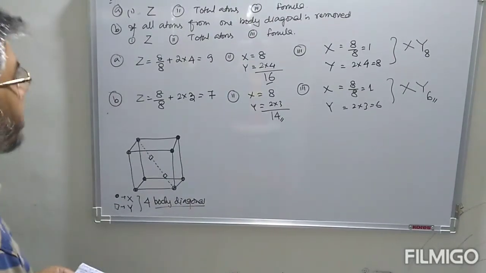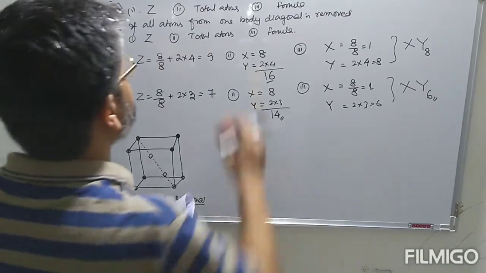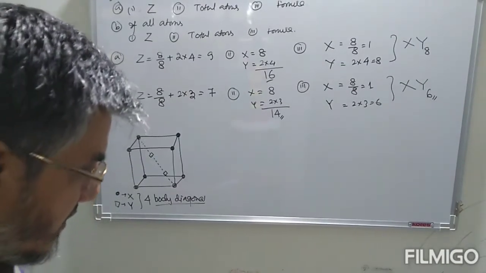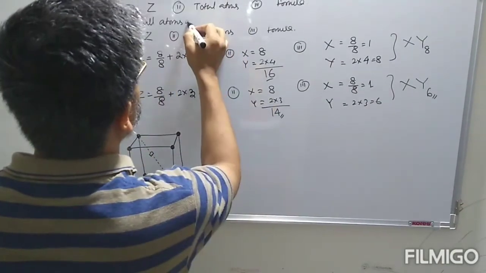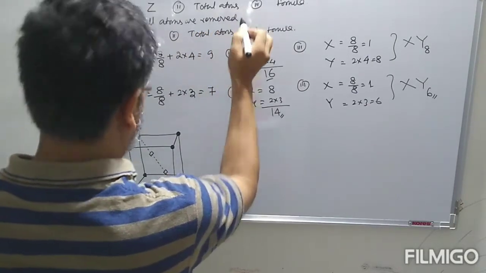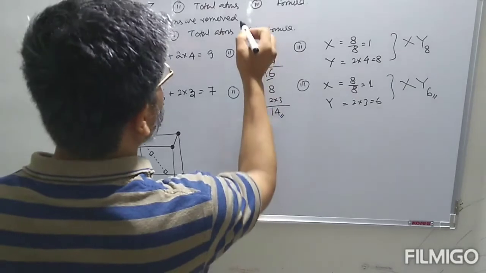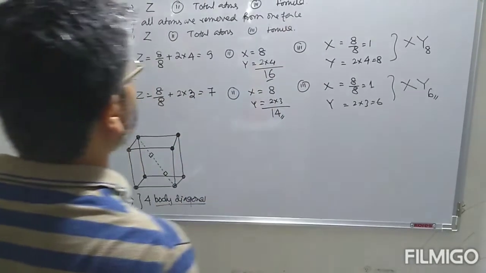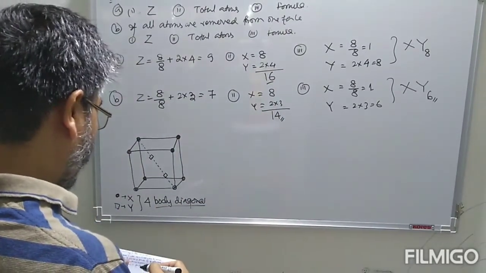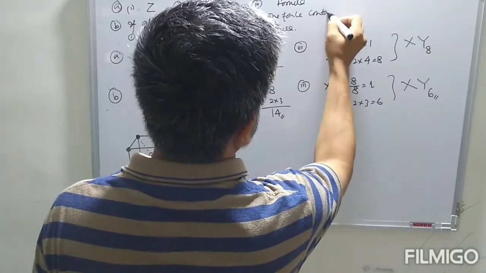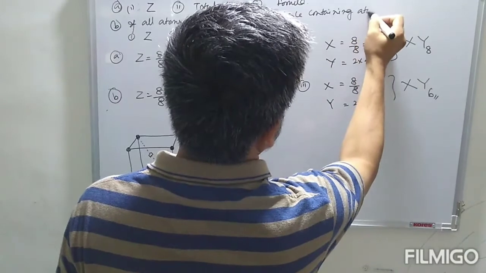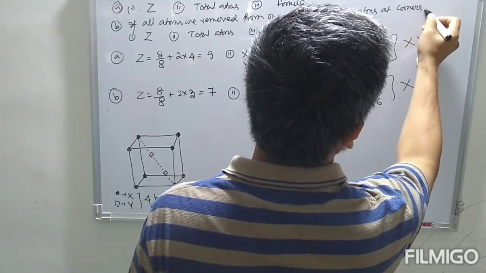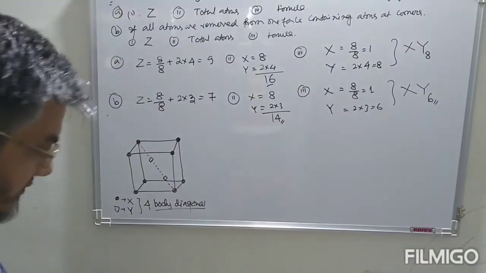B: If all atoms are completely removed from one face containing atoms at corners, in the above, calculate the effective total atoms and formula.